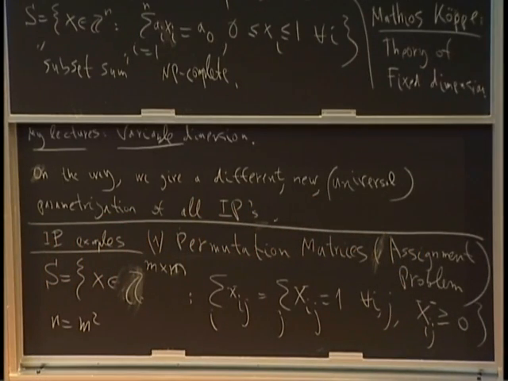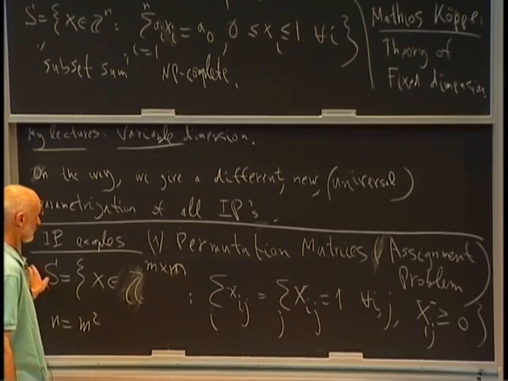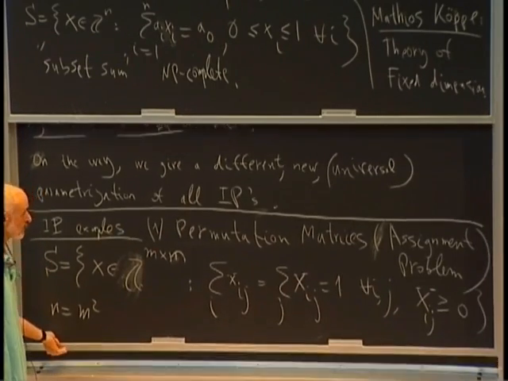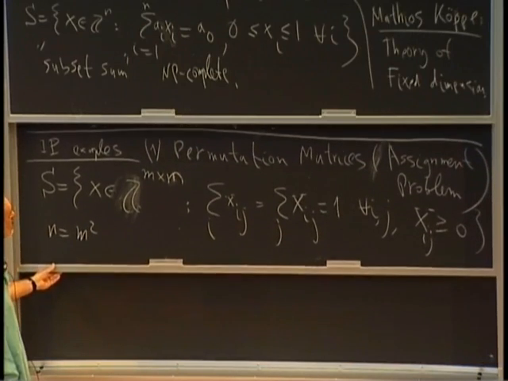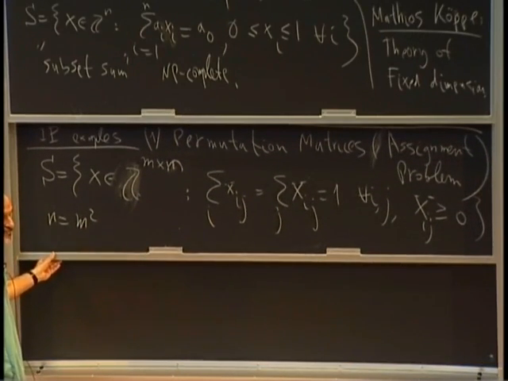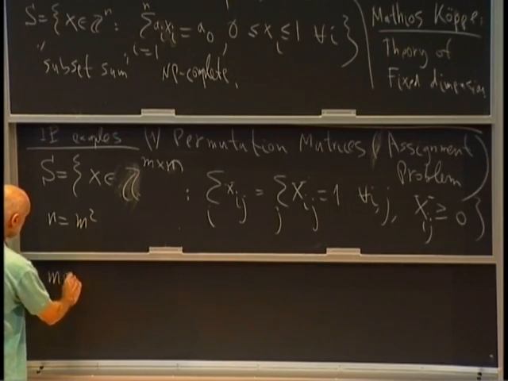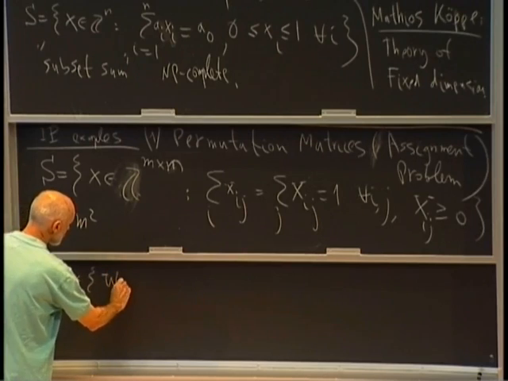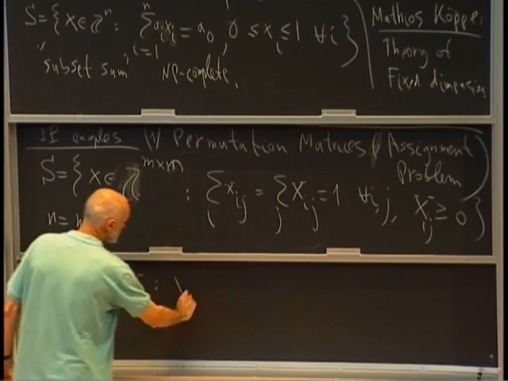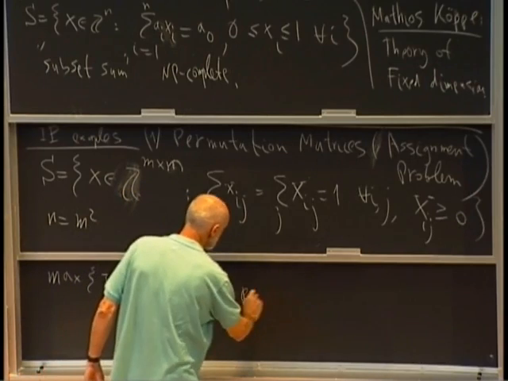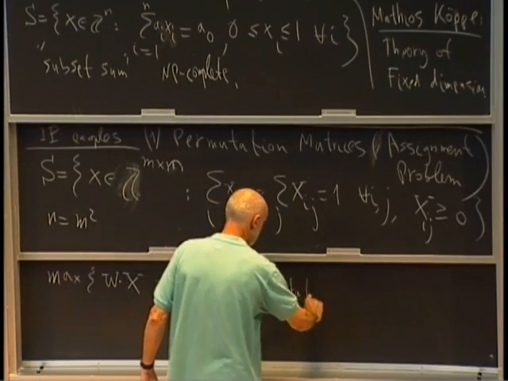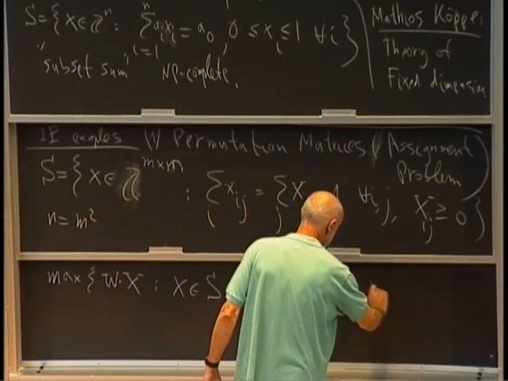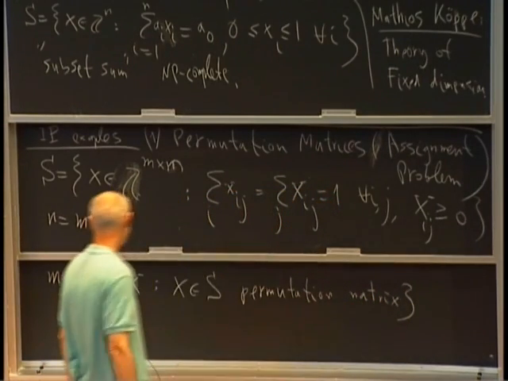So these are precisely permutation matrices, right? And the optimization problem, let's say the linear optimization problem, max Wx such that x is a permutation matrix. This is the assignment problem.